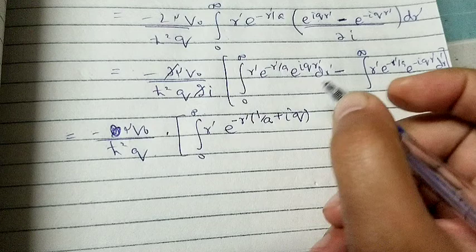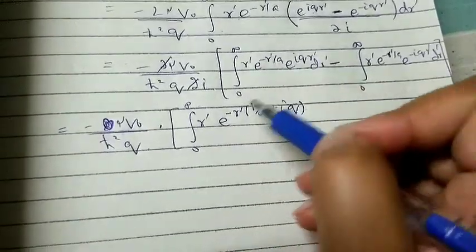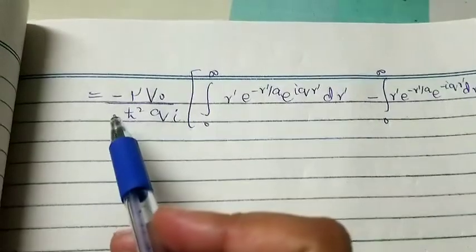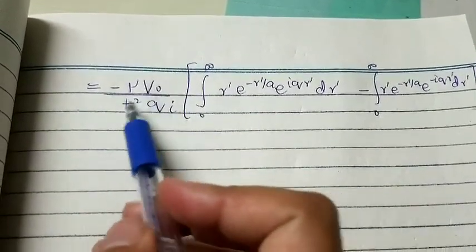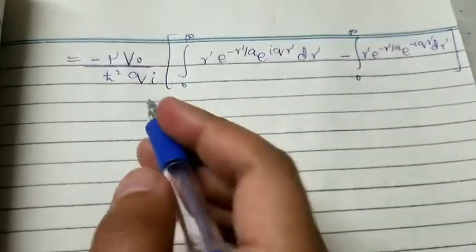Previously the sign of the iota q exponential part was positive, so it will become negative in the exponent. Iota was not there with this term, so iota will not come common. So here negative mu v naught h cut square q iota is left. The 2 was cancelled out.